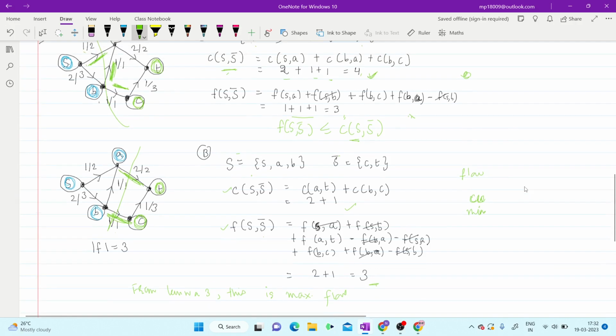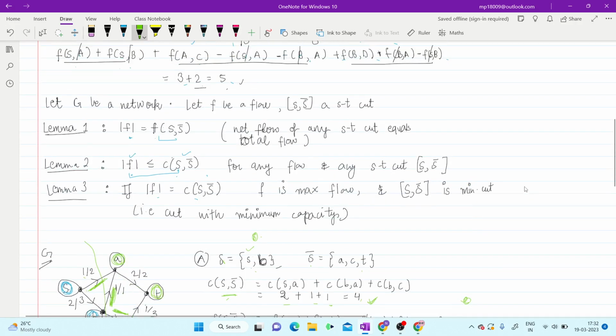Now we have these three lemmas. First is that the flow value always comes out to be equal to the net flow of any cut. Second is that the net flow value should be less than or equal to the capacity of any cut.